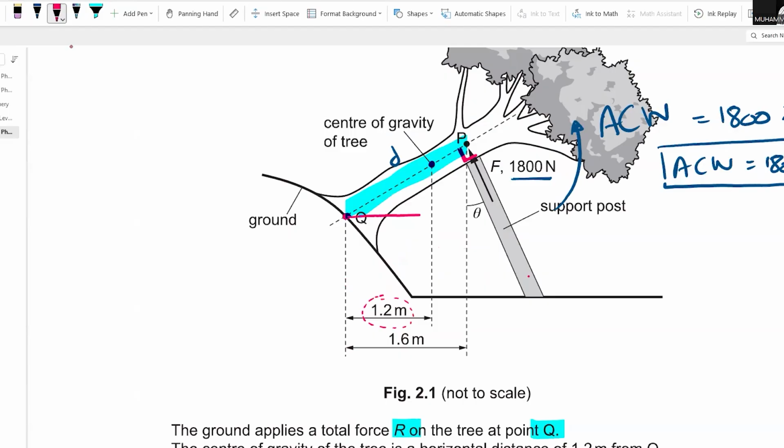Let's create a triangle. Let's say this is 90 degree and, yeah, let's say this is your triangle at 90 degree.